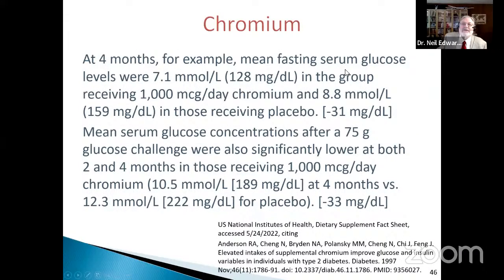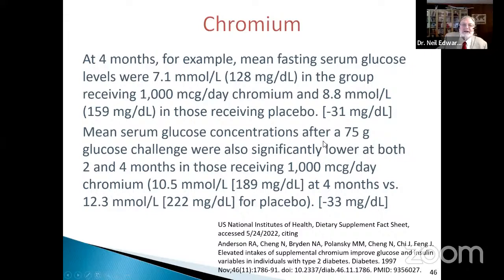So we're seeing the fasting serum glucose levels being lower if they got the 1,000 micrograms a day of chromium versus placebo. We're looking at a 31 milligram per deciliter drop in serum glucose levels.